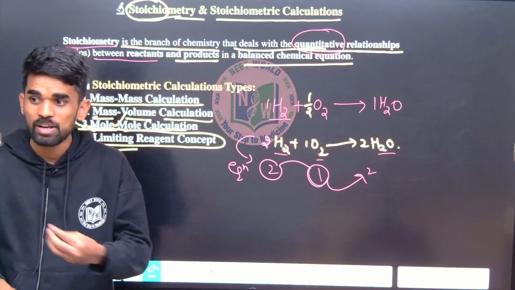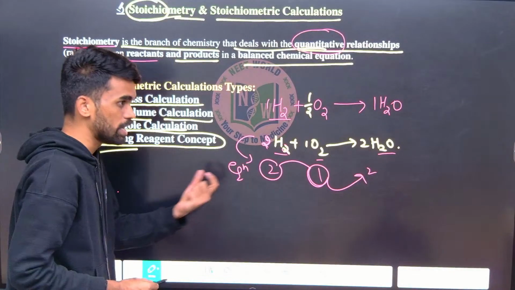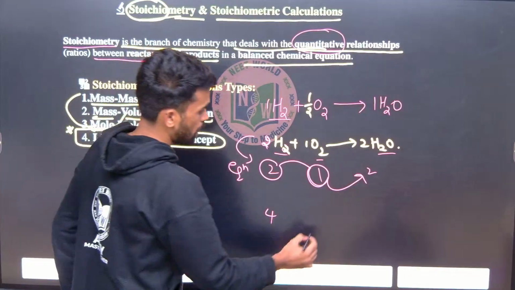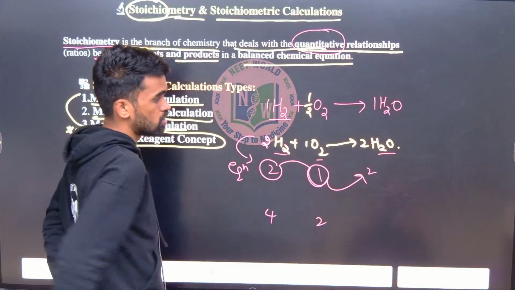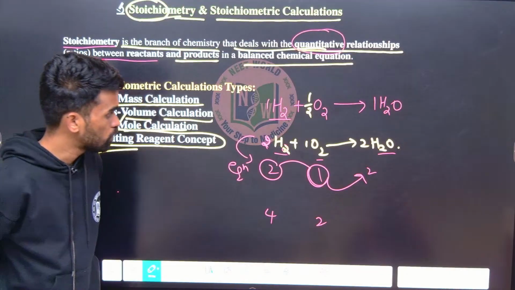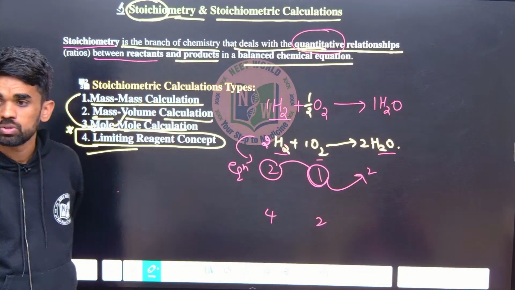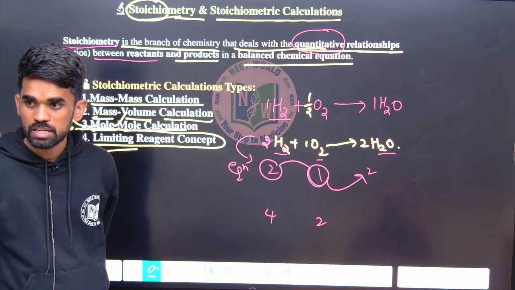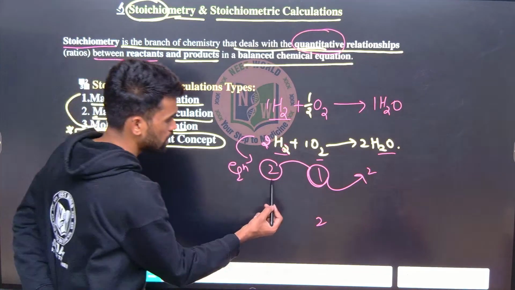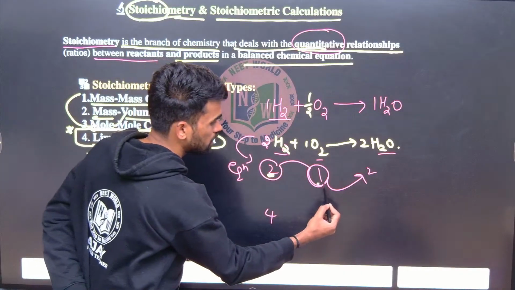Now I will give you a reaction with 4 moles of H2 and 2 moles of O2. How many moles of water are formed? See, if it is 2 moles of H2, we require 1 mole of O2.